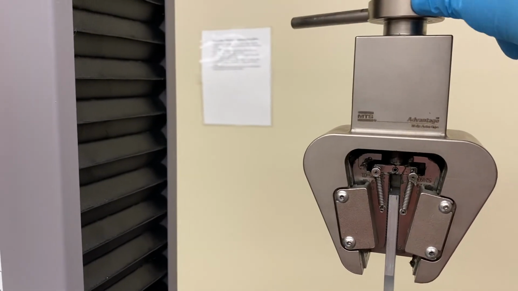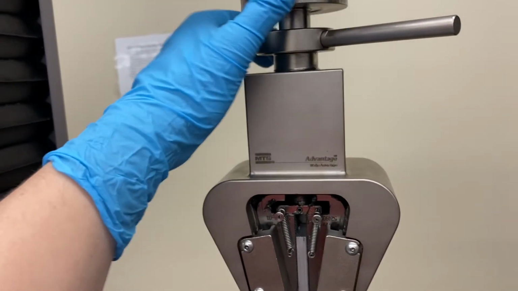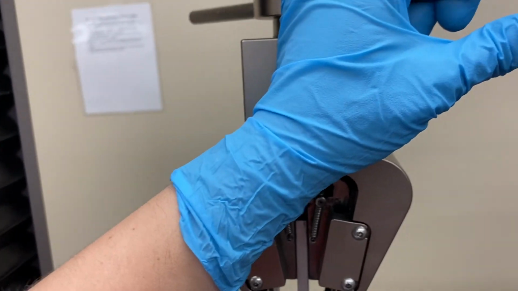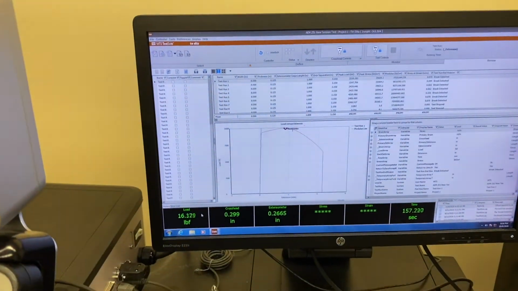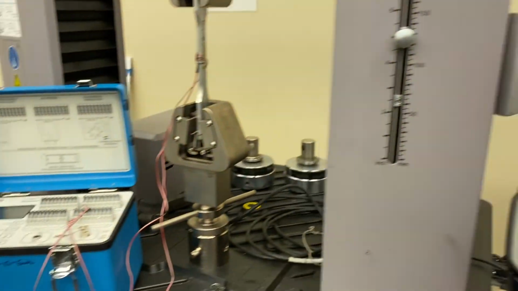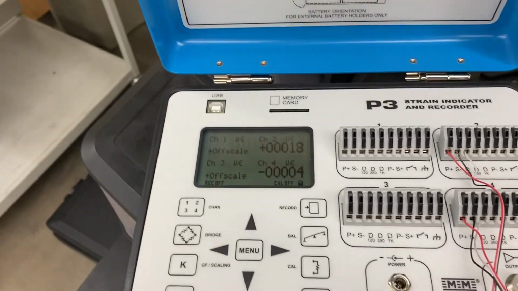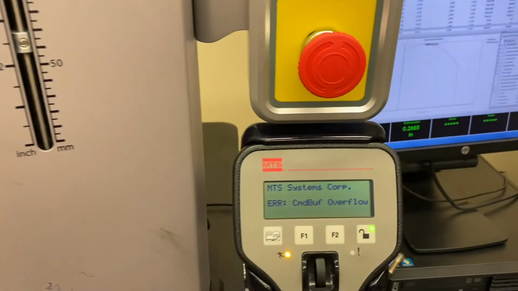If we tighten this grip, we will see some residual load applied to our specimen, about 16 pounds of force applied onto our system. For about 16 pounds we get some strain gauge readings.